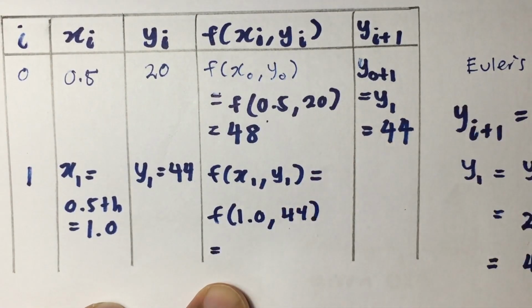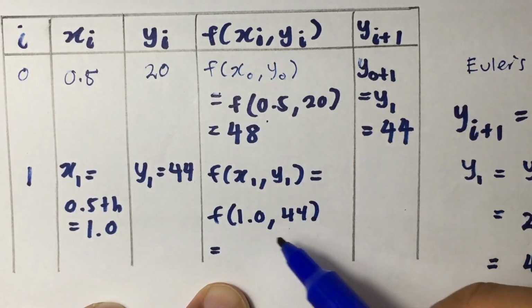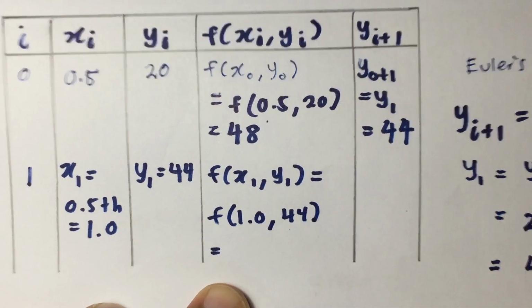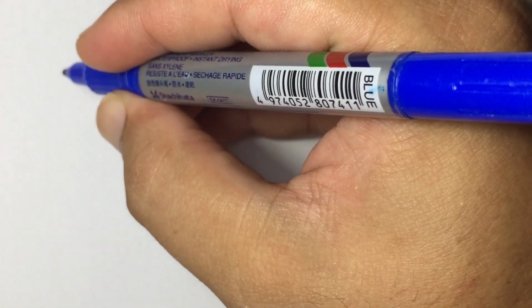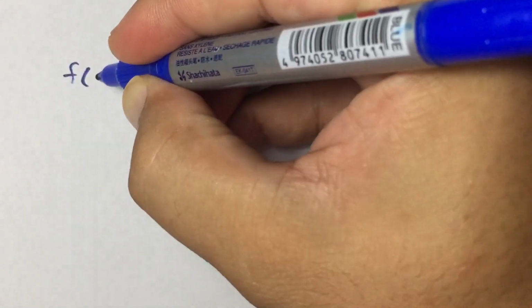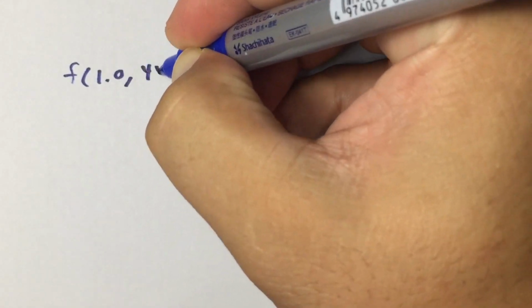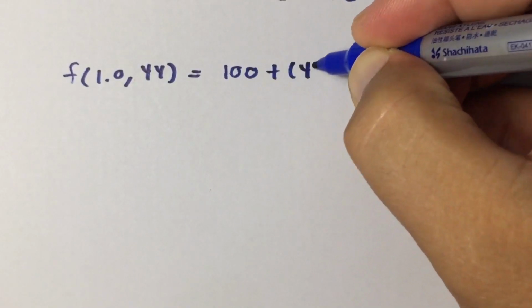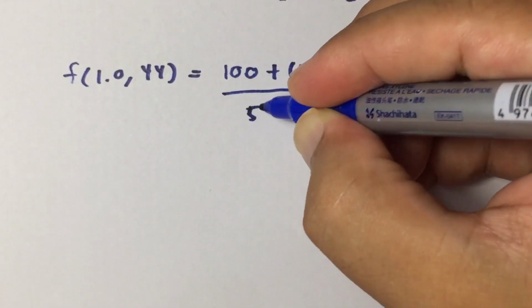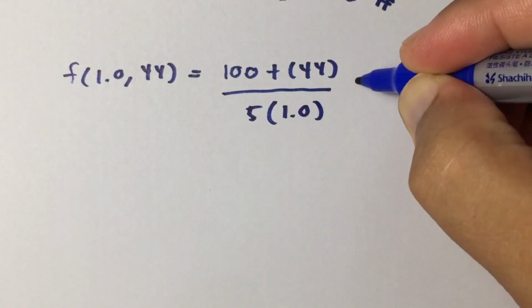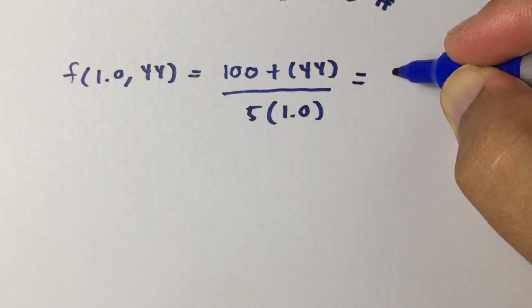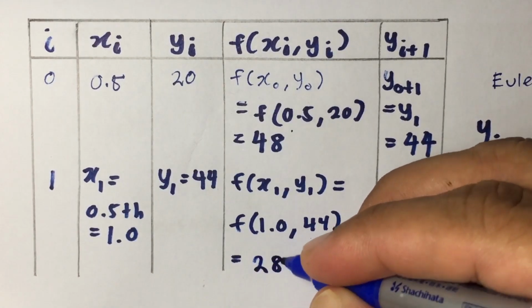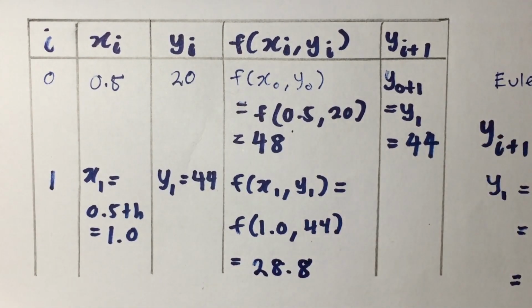So we substitute x equal to 1 and y equal to 44 into the ODE. f at 1 and 44 is equal to 100 plus 44 divided by 5 times 1, which is equal to 28.8. Now we write down that value, 28.8, into the table.